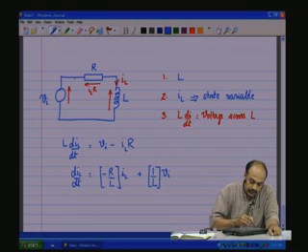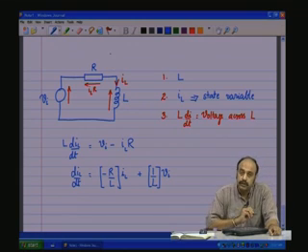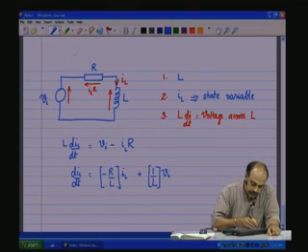Or if it is across the resistance, let us say the output is VR, just for a change.